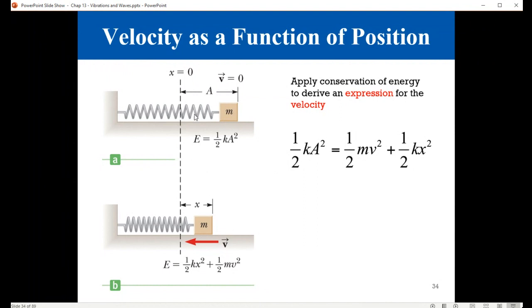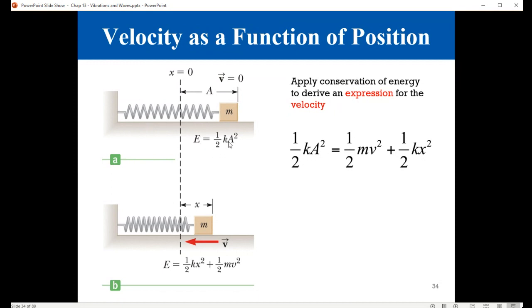We started with some maximum amplitude A. We stretched the spring initially, and at this point the velocity is 0. We did not start motion yet.